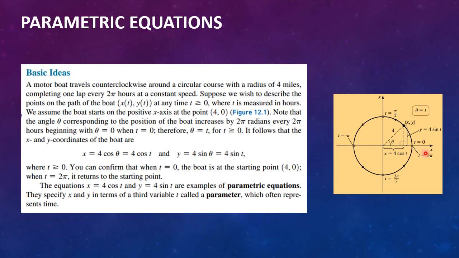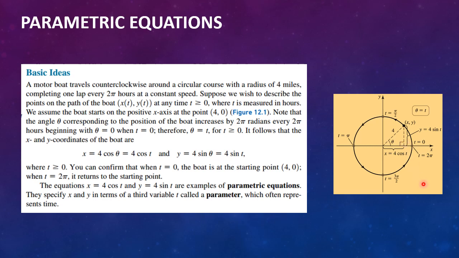Note that the angle corresponding to the position of the boat increases by 2 pi radians every 2 pi hours, beginning with theta equals 0 and t equals 0. Therefore, theta equals t for any t greater than or equal to 0.